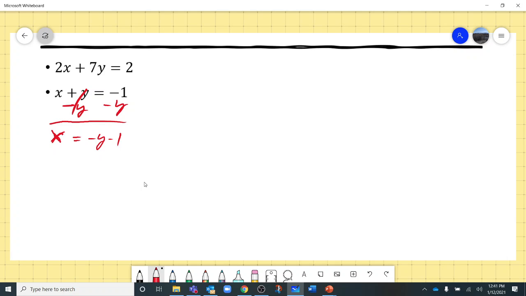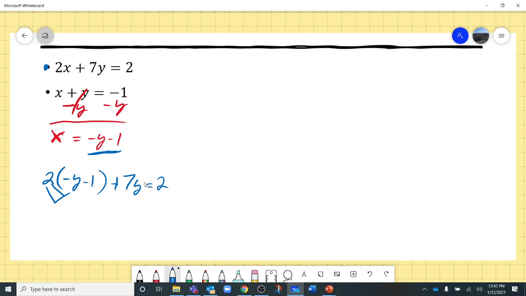And then I'm going to plug that into my first equation. So I'm going to make this my first equation. 2 times, instead of x, I'm putting in what x equals, negative y minus 1, plus 7y equals 2.